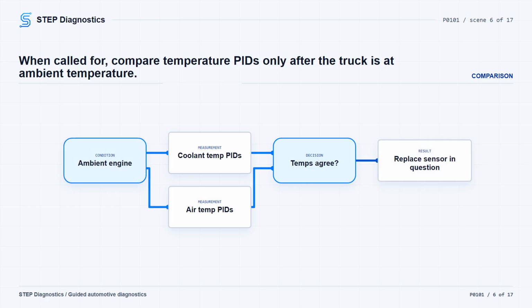All PIDs may not be available on every vehicle. The temperature readings should be within 17 degrees C, 30 degrees F of each other. If they are, move to the PCM operation check.